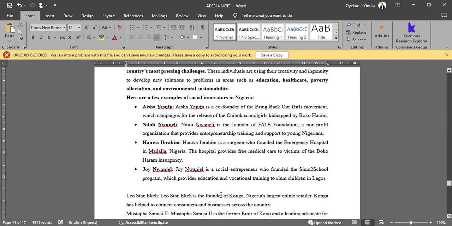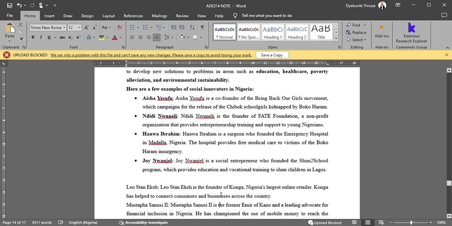I'm sure you know Slum to School. It will ring a bell in your head. Slum to School is in Lagos, and they have been able to create a lot of impact in education and vocational training in Lagos State.